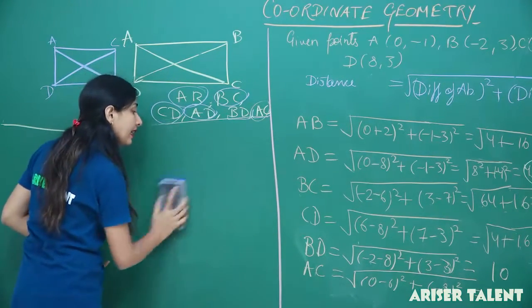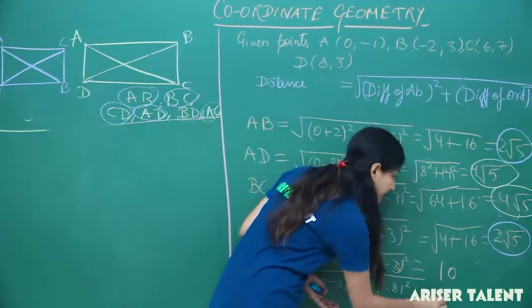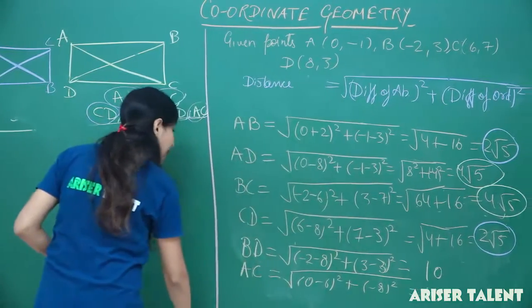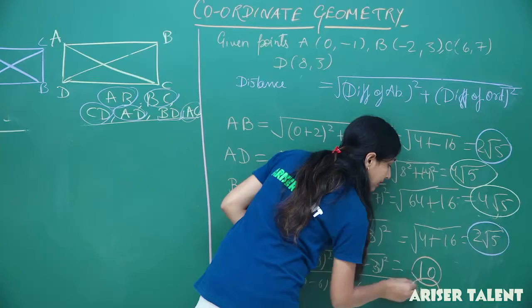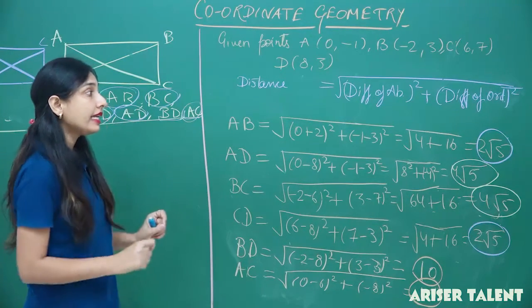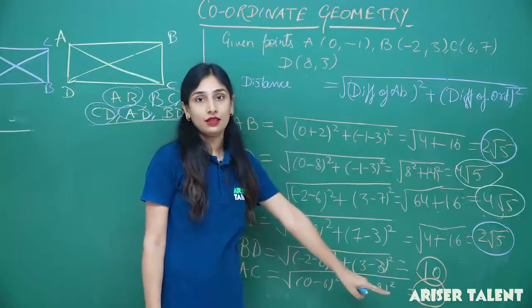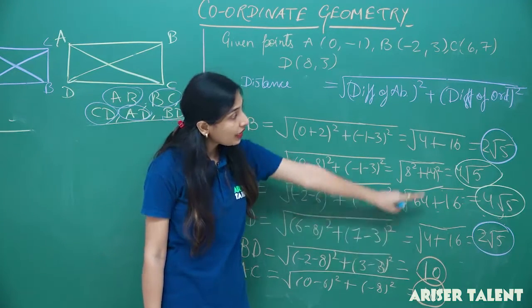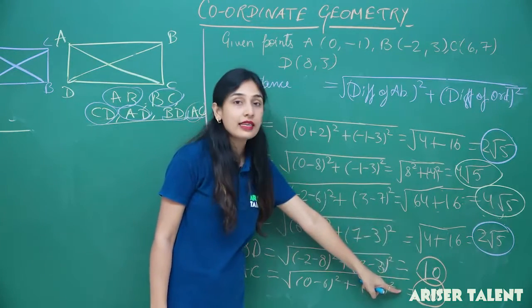So can I directly write 10 here? Okay, 10. Now, understand this again. We have this 10. The largest side here is 10, and the values of all the others are less than that.